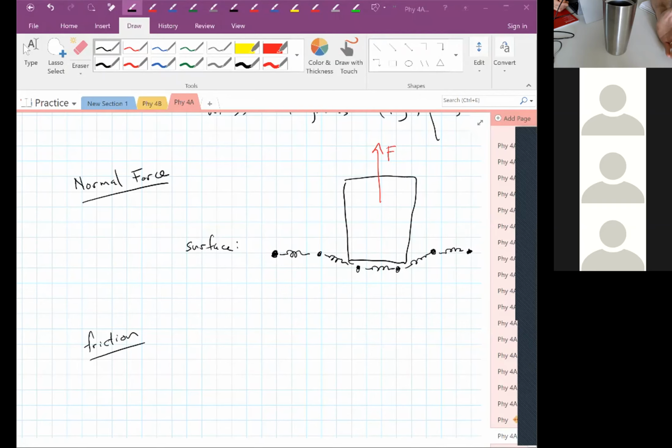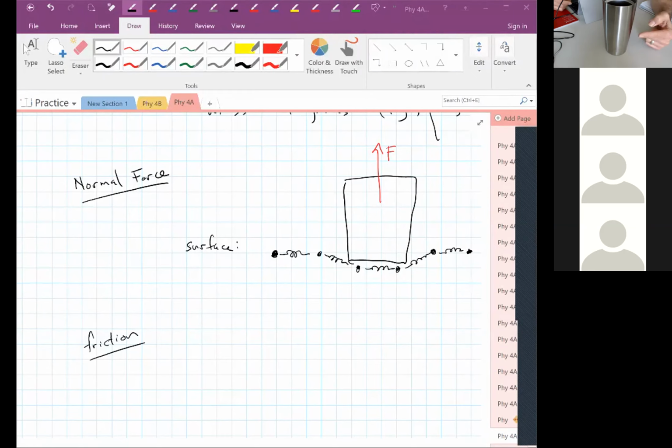No, no friction force, okay? Now I'm going to take my well-calibrated finger and push with a force of 1 Newton. What's the friction force acting on my mug now? It's 1 Newton in the opposite direction, right? Because my mug is not moving.